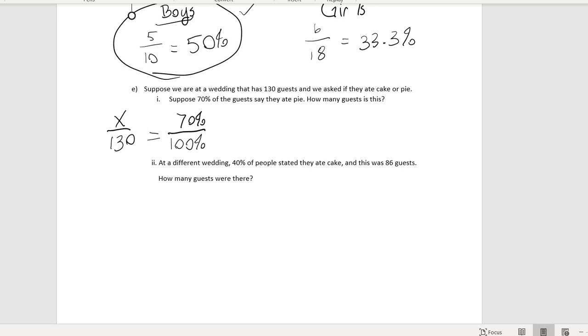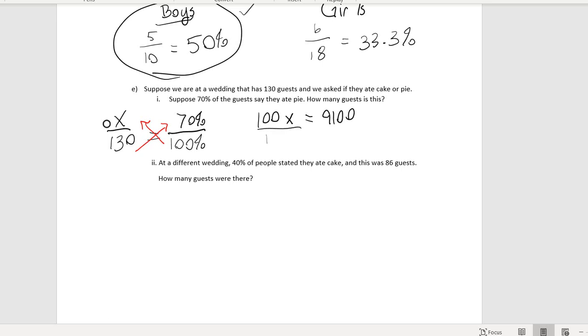Now, to solve this, what I always like to do, and you don't have to do it this way, it's whatever tickles your fancy, is cross multiplication. So when you do this cross multiplication, you're going to take 100 times x equals 130 times 70, which is going to give you, let's see, that's not right. 130 times 70 will give us 9100.